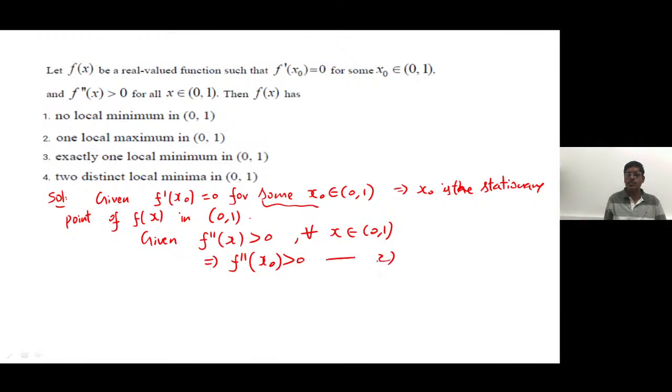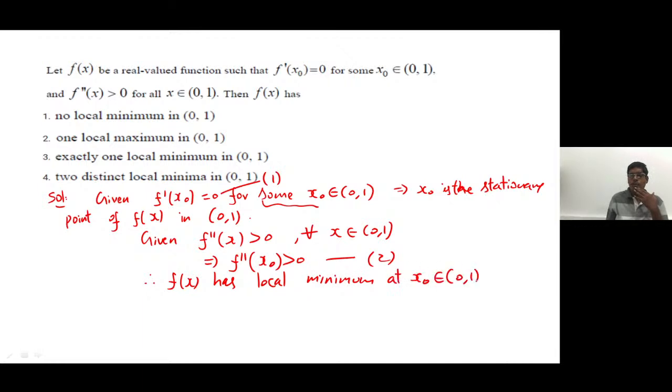Let us say this is 2 and let us say this is 1. If second derivative greater than 0, that is from 1 first derivative equal to 0, therefore f of x has local minimum at x naught, this belongs to open interval 0 comma 1.